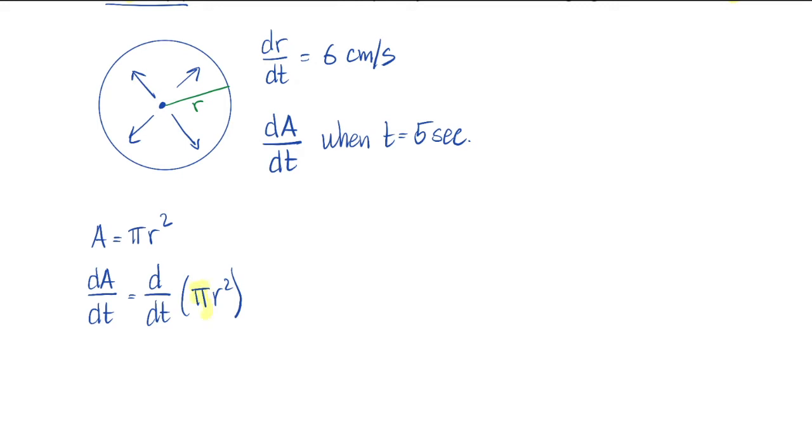Pi is a constant, so we can move it outside of the derivative, so it becomes pi times d/dt of r squared. We differentiate r squared using the chain rule. The outside derivative will be 2 times r, and the inside derivative is going to be dr/dt.